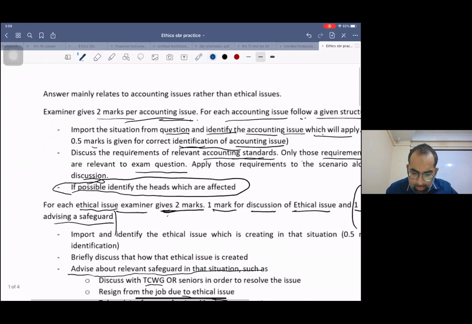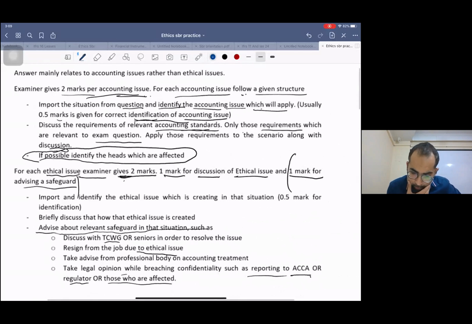Now, I have written a few lines on this. Listen to how to write on it. Sometimes they give you a separate requirement for ethics, but sometimes they give you a combined requirement of accounting and ethics. So when dealing with ethical requirements, this is a structure some students follow, and in many questions you can apply it.